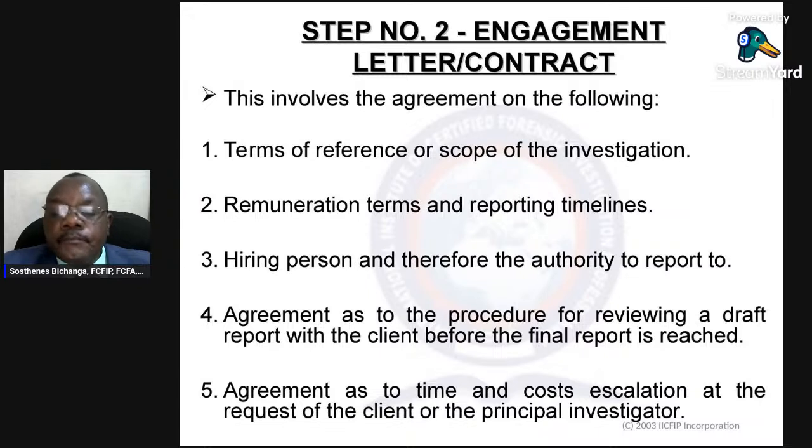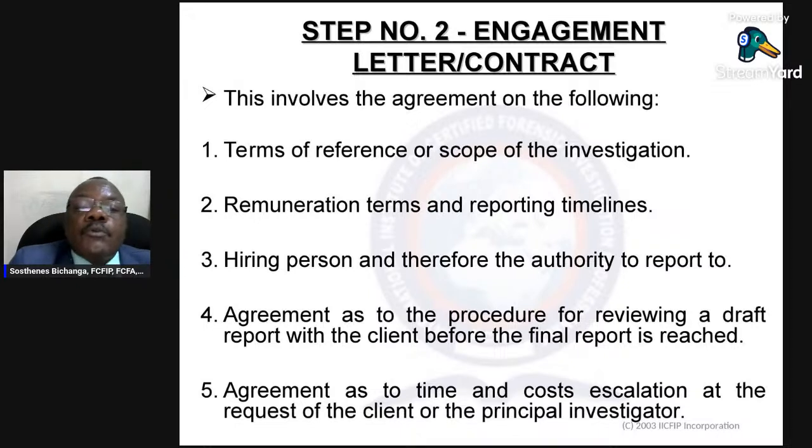This evening, we are going to discuss steps number 2 and 3. Step number 2 is the engagement letter or contract. This follows the pre-engagement investigation.